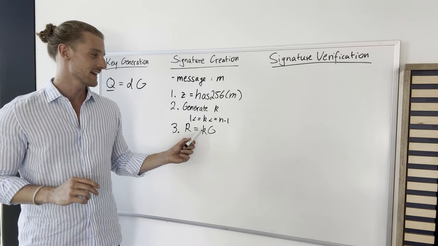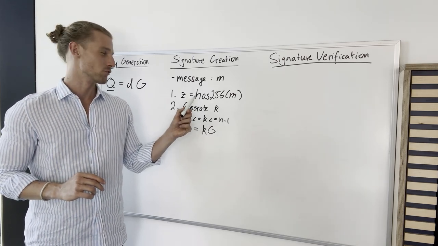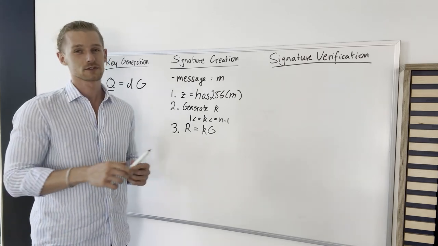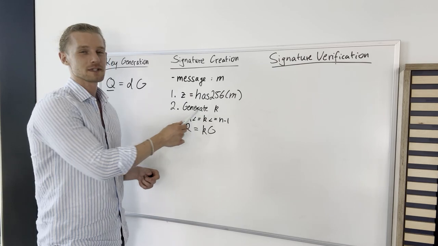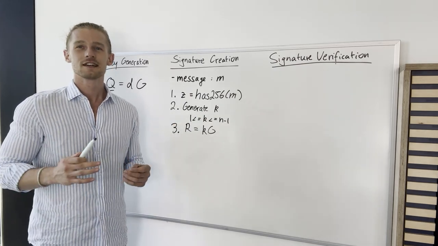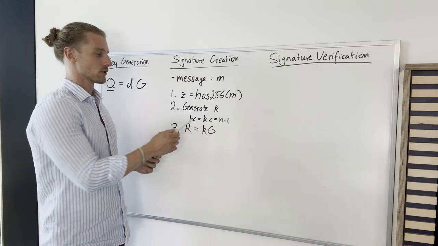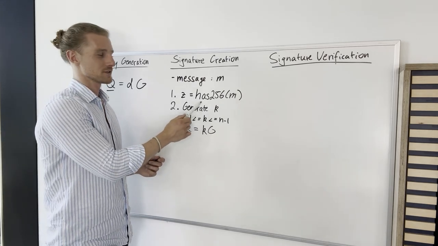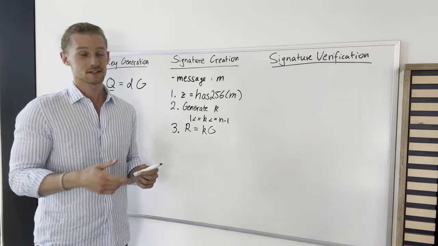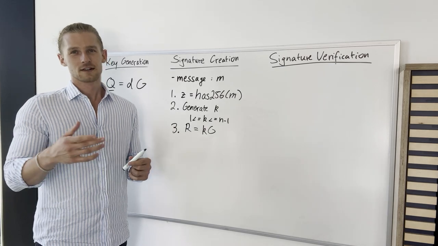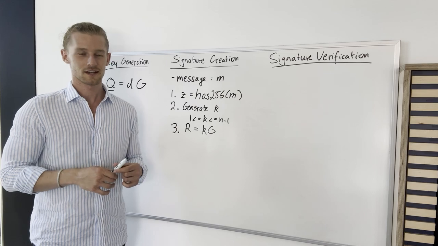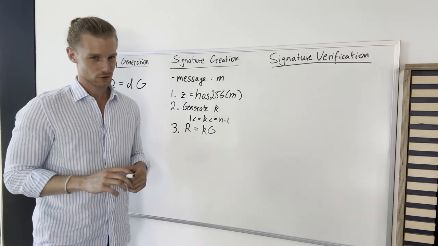Now remember that k is a securely, randomly generated integer, and one thing that's also really important is that this nonce k is recomputed every time. So you never ever reuse this nonce k. This is really important because otherwise later on in the process, if you ever were to reuse k, a malicious attacker could basically backsolve for your private key by observing that happening, but that's another story.